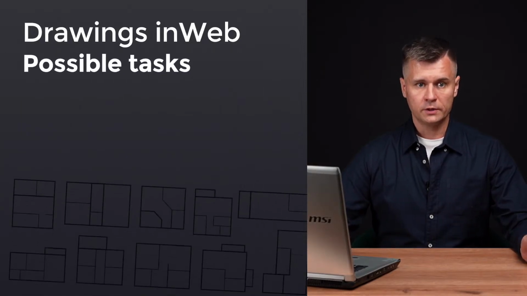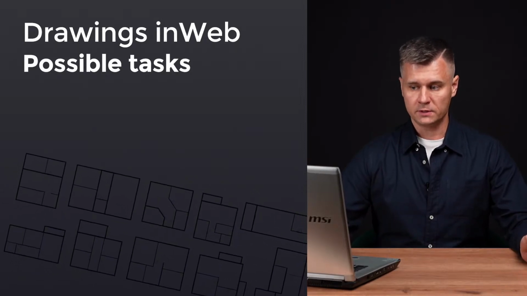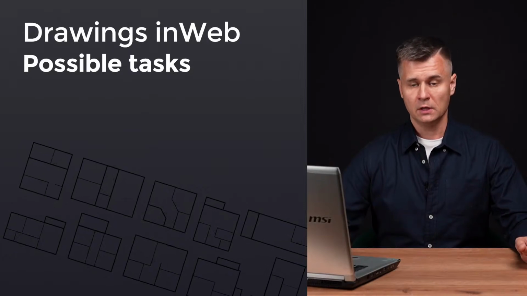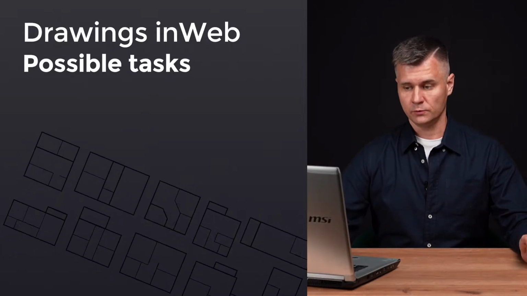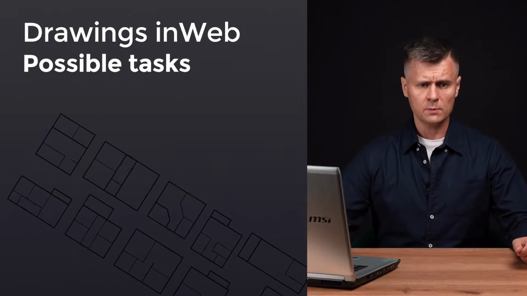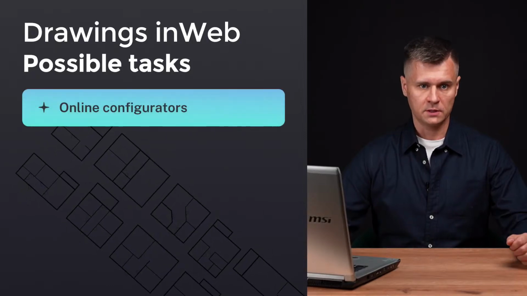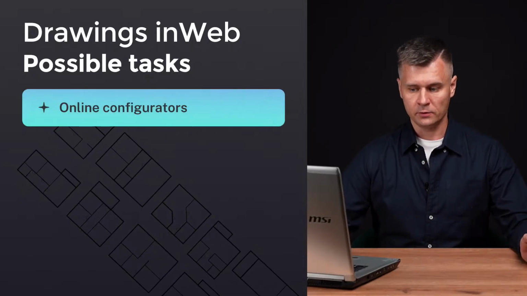Overall, basing on the requests that we get, we can enumerate various tasks that may be accomplished and may be implemented using our drawings in web, or the implementation of such tasks became much simpler. For instance, various online configurators.